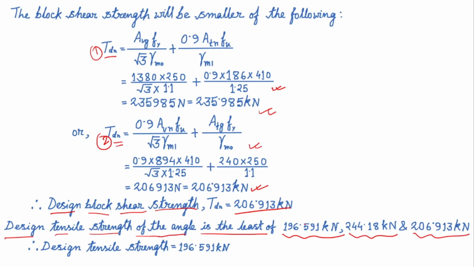The least of these three values is 196.591. So this is the design tensile strength of the angle which is asked in the question. In this way we have to calculate the design strength of an angle when it is used as a tension member and connected to a gusset plate.